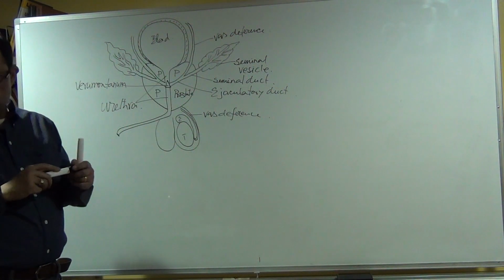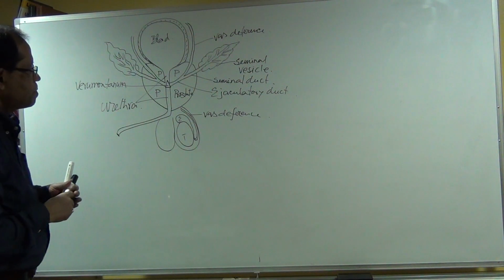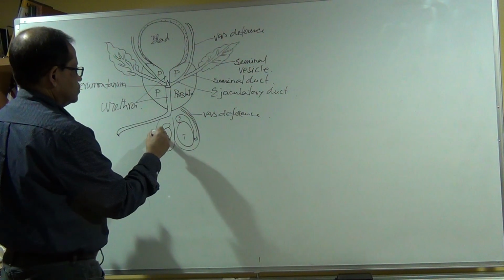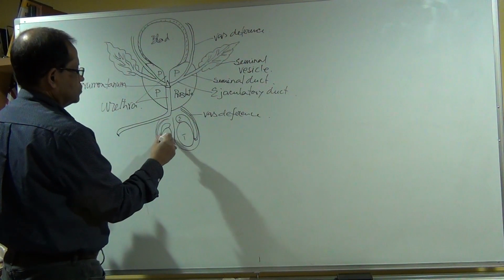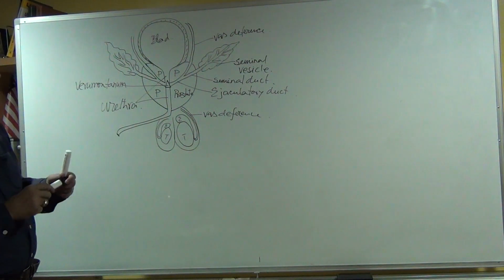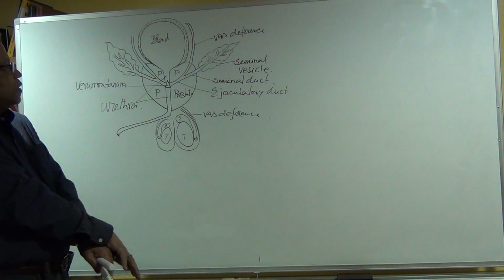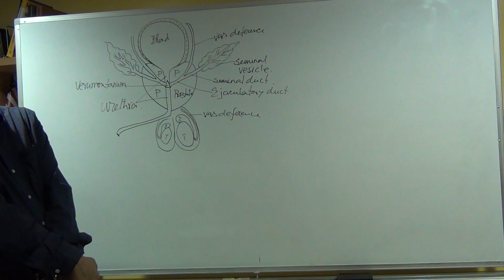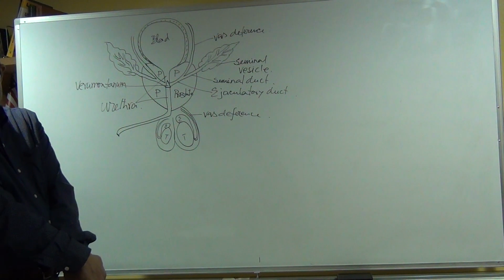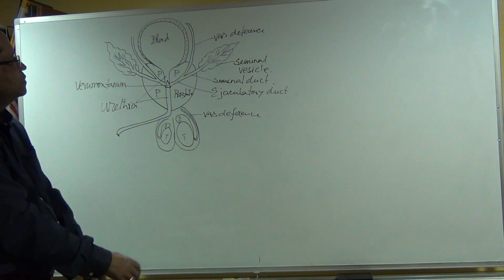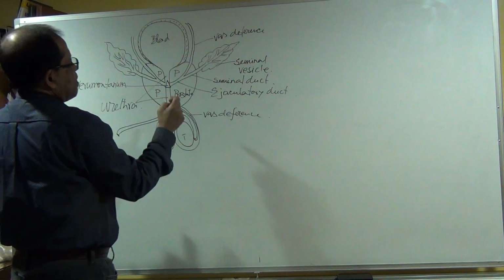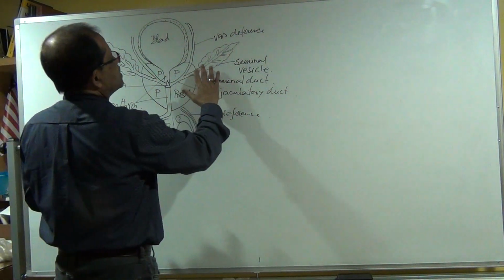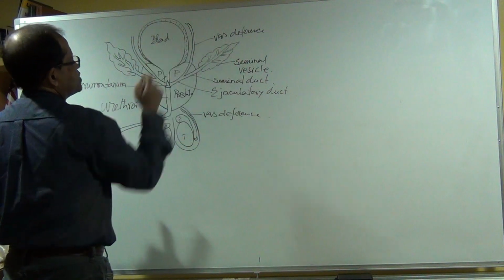Okay, understand this diagram first. This is the bladder, this is the prostate gland, and this is the urethra, this is the scrotum, and this is the seminal vesicle, and this is the vas deferens.